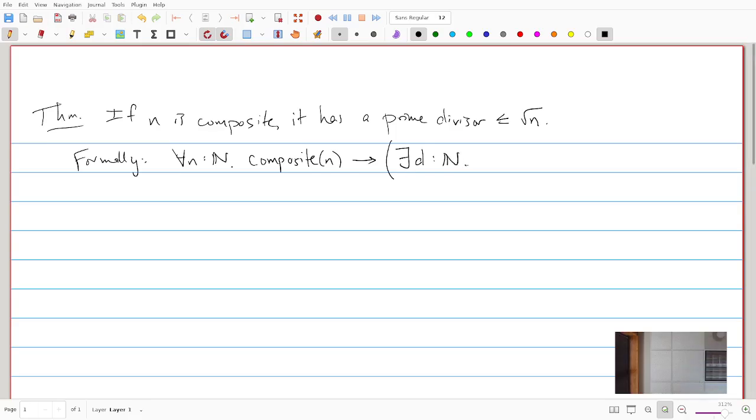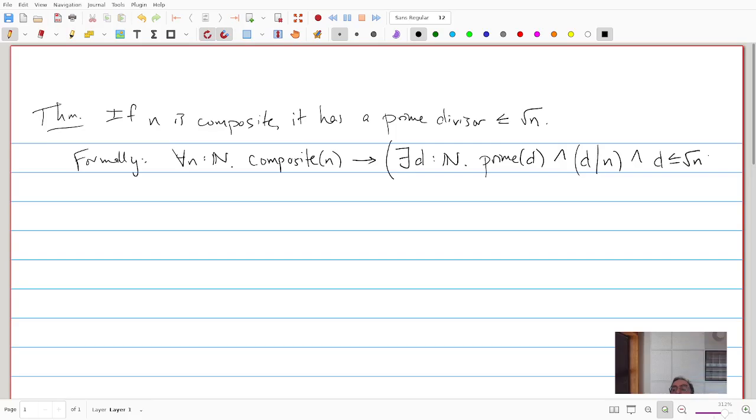What is it saying about D? It's actually saying three different things are true about D, all packed into a very short phrase. D has to be prime, it has to be a divisor of n, and it has to be less than or equal to the square root of n. So it's an and: D is prime, and D divides n, and D is less than or equal to the square root of n.